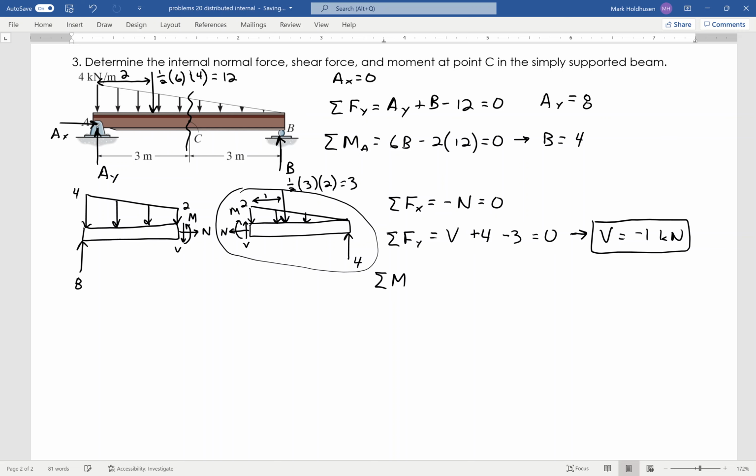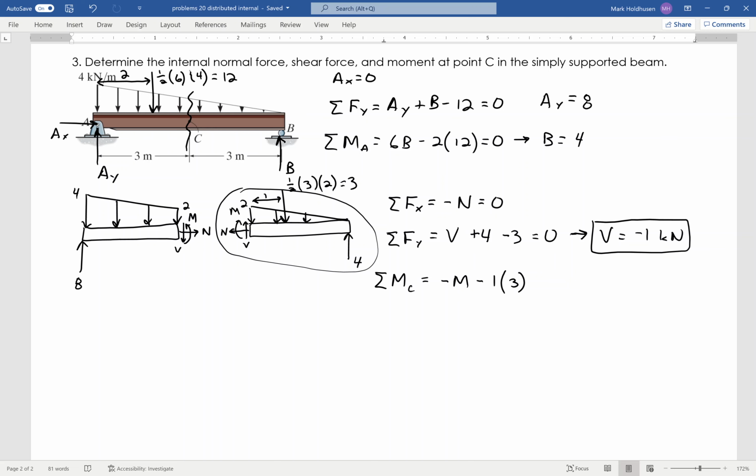Finding the moments, it's always best to sum the moments about the cut point. That way, N and V go away. You don't need to include them. What doesn't go away is the moment that I'm trying to find here, so make sure you include negative M because I've got that negative moment there. Then I've also got the negative 1 times 3. That's the triangular load, the distributed load that I've now redrawn as a point load, 1 over 3 down.